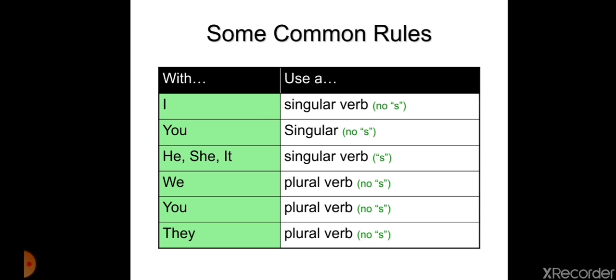We, plural verb. You, plural verb. They, also plural verb, because we, you, they are in plural form. You also has two forms, singular and plural. So generally we write a verb in singular form. But with he, she, it, the singular verb has s form. It's very unique in English. With third person singular, we always write a verb with s.